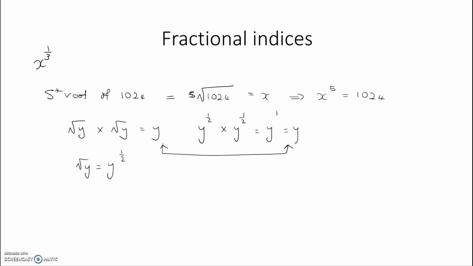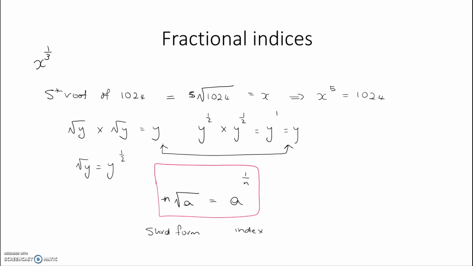So what we've got now is that the nth root, this was only the square root, but the nth root of some number must be equal to the fractional power. The left-hand side here is what we call the surd form of this expression, and the right-hand side is the index form.